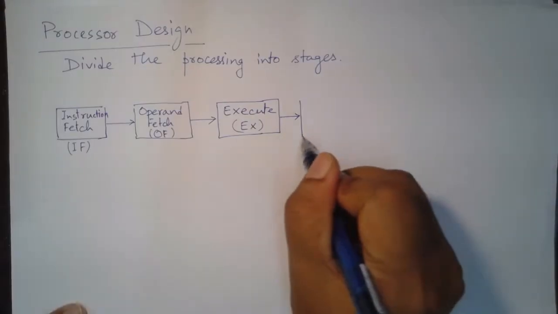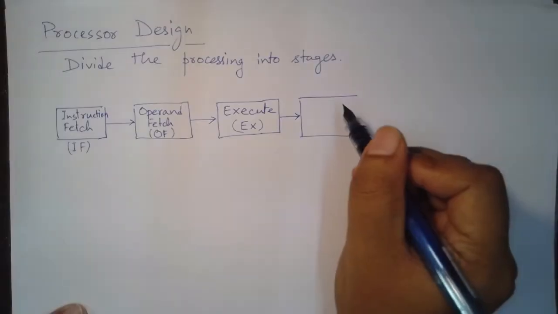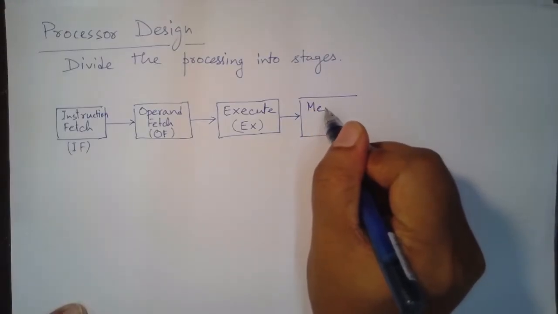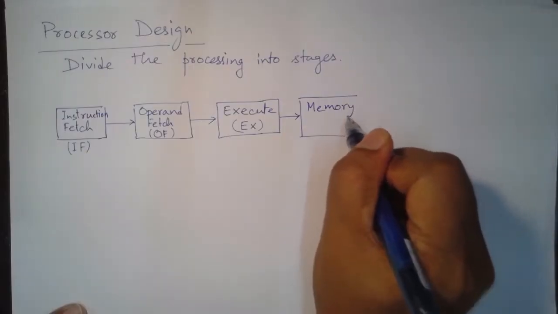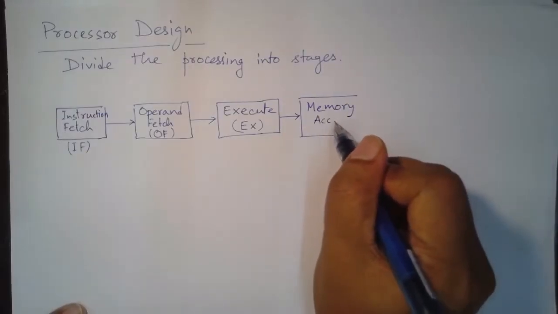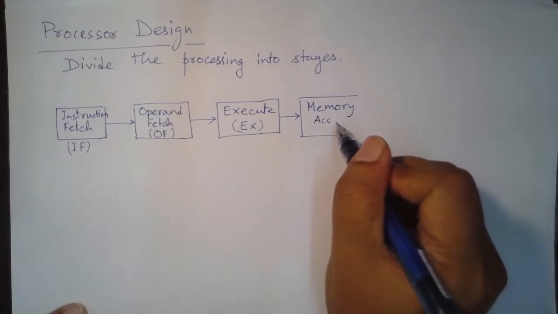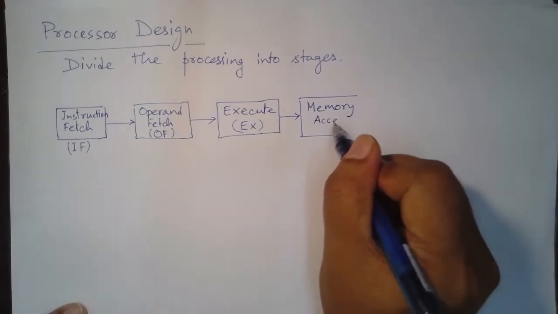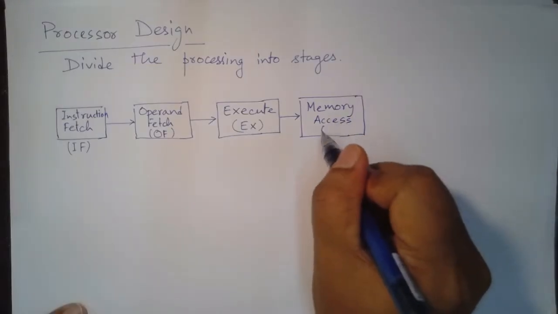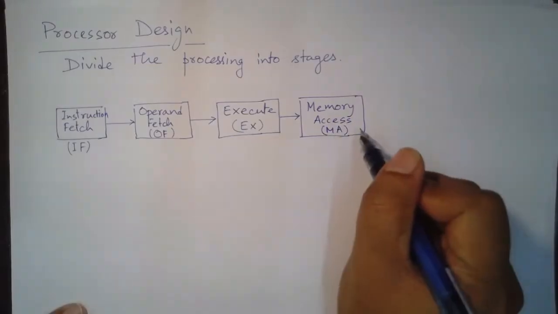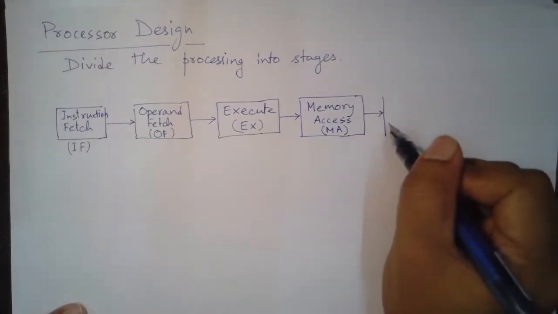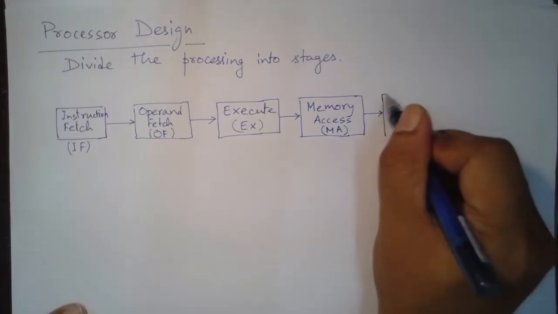We will go into the details of what we will be doing in these stages. Memory access will be one stage where you will be executing the load and store kind of accesses. We will call it MA, the memory access stage. And then finally the register write, which is sometimes also called the write back stage.